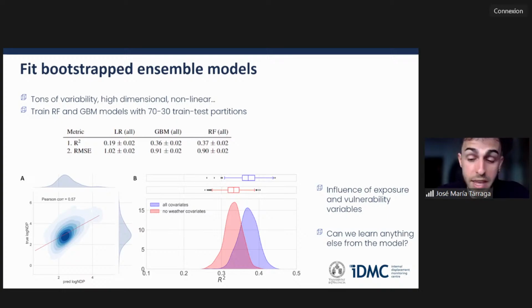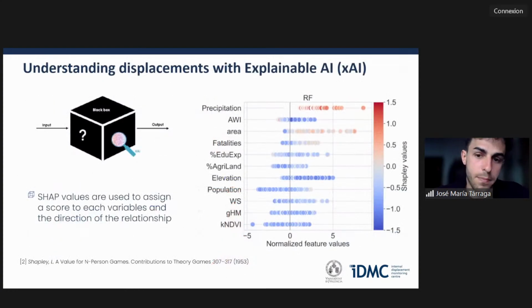But the question is, can we use these models to learn from the models? That's what we did here. We employed Shapley values, which is a very widely used method to understand how a model has learned, or how different variables contributed towards explaining the model outcomes.